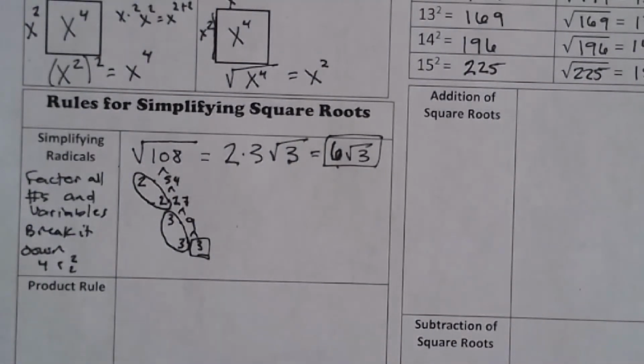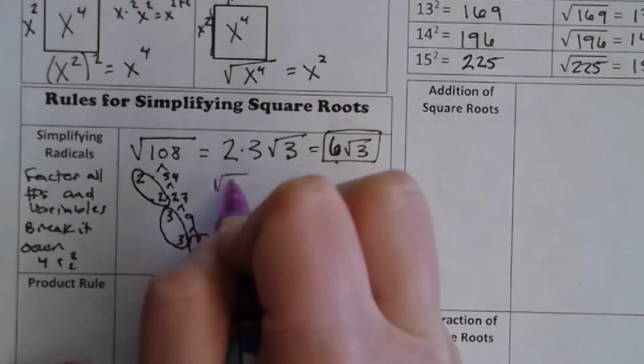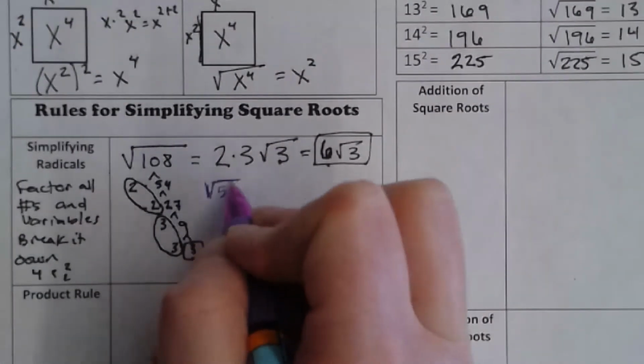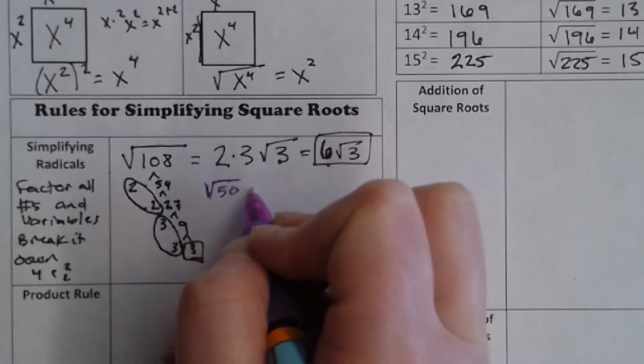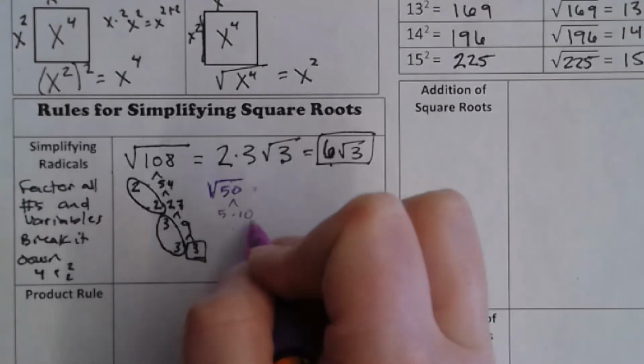Let's try another one. I'm going to switch colors because I don't have a lot of space here. So let's try the square root of 50. Okay, can you see that one? It's okay. So this one's in purple for me. So we're just going to break the square root of 50 down. So that's 5 times 10 and 5 times 2.